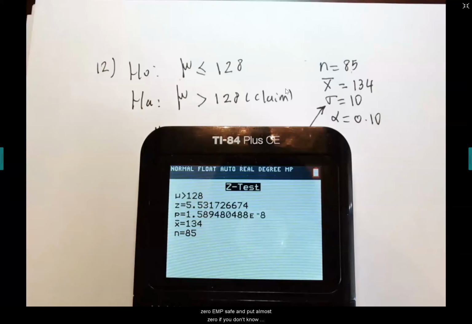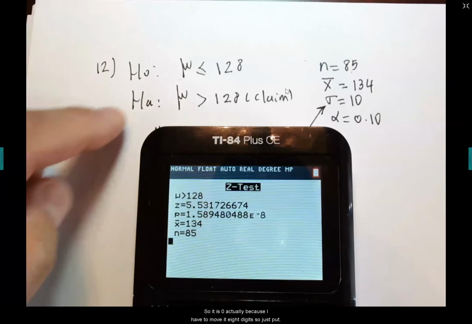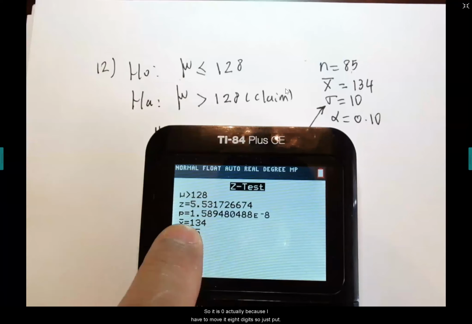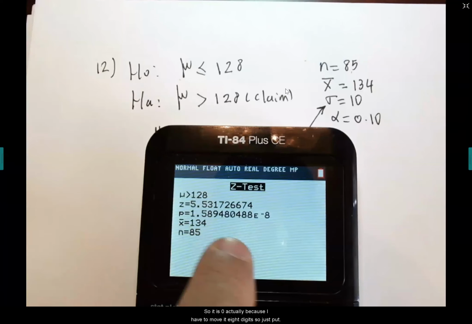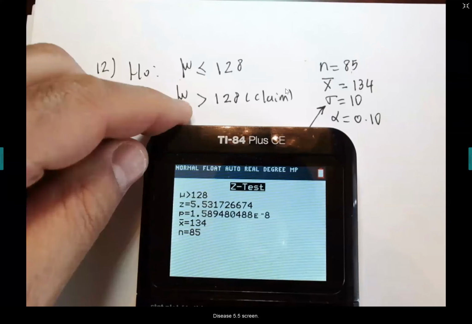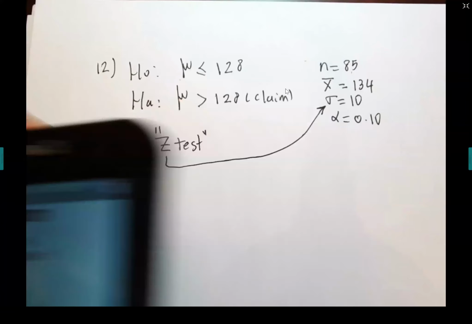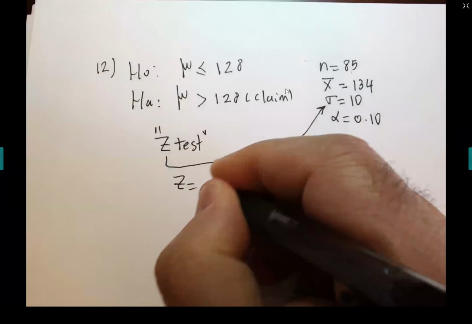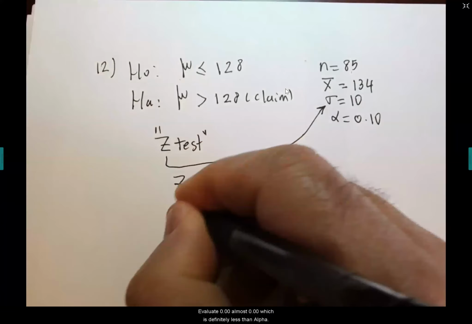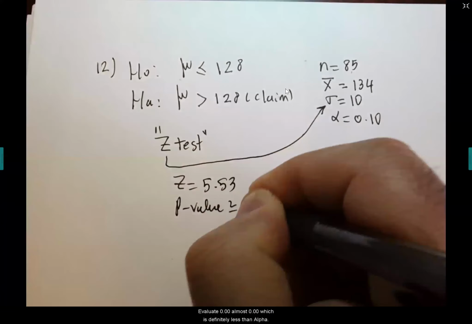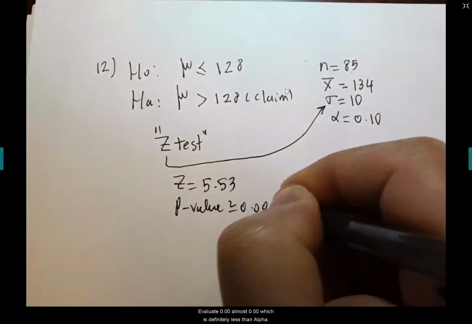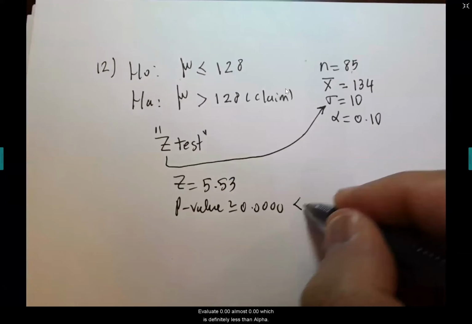You can be safe and put almost zero if you don't know how to write it down. It is zero actually, because I have to move it 8 digits. So just put 0.0000. So z is 5.53, and the p-value is almost 0.00, which is definitely less than alpha.